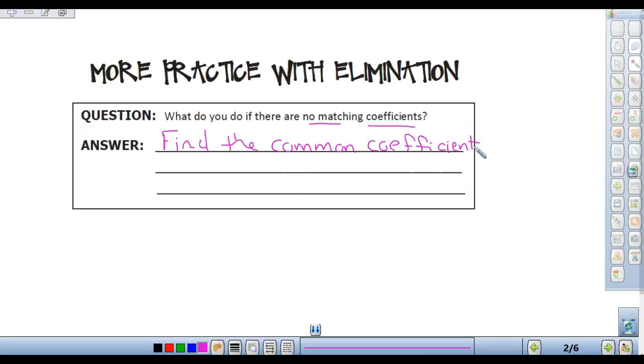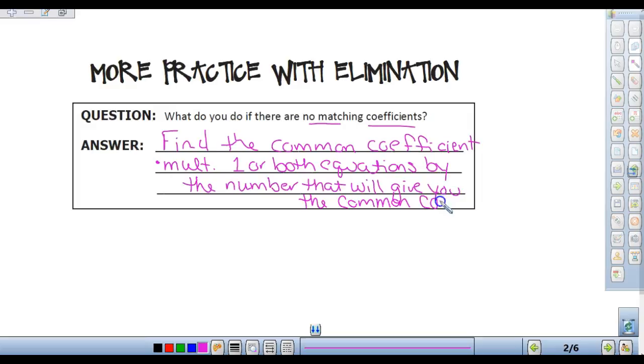Once you know what your common coefficient is, you can multiply one or both equations by the number that will give you the common coefficient. Totally did not spell that right.